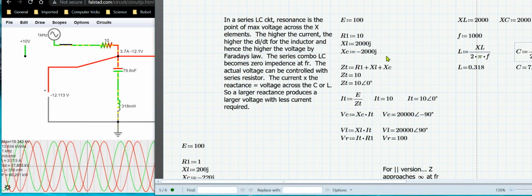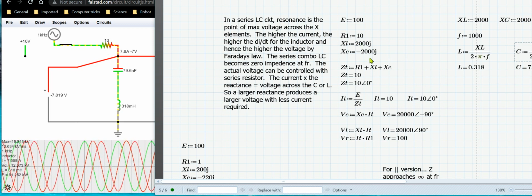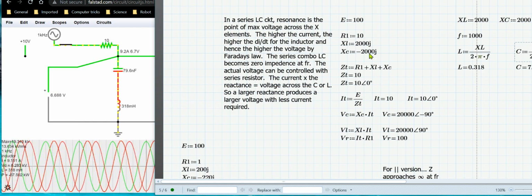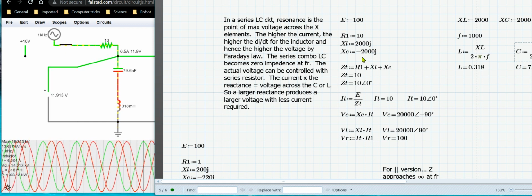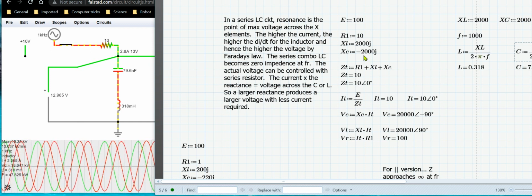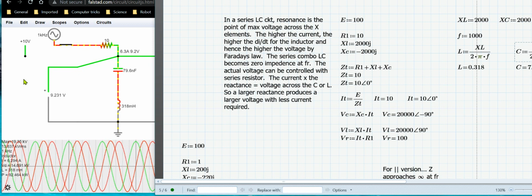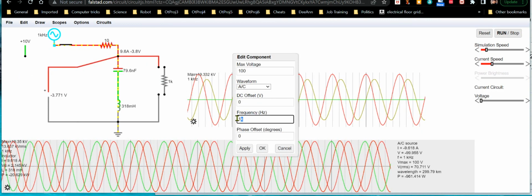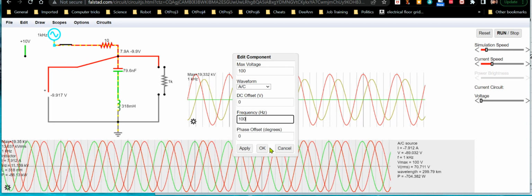At resonance, they have the same value, but if I chose a different frequency, they wouldn't, and one would have a different voltage across it than the other, which I can demonstrate here real quick.